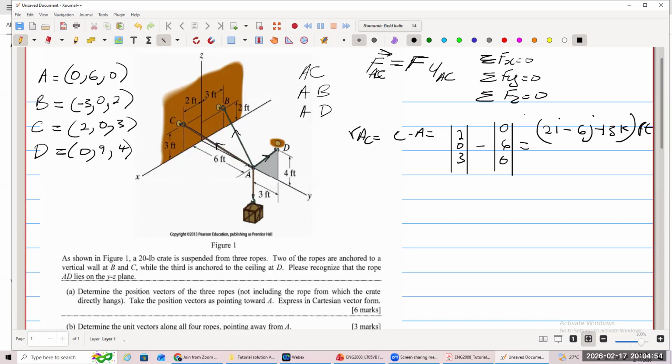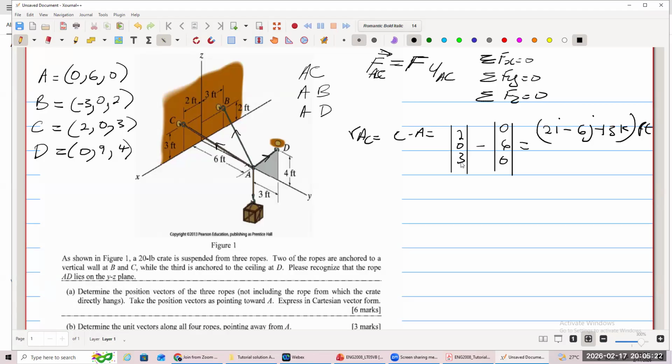Sir, the position pointing to A. What do I have there? It is towards A. C is 2, 0, 3.